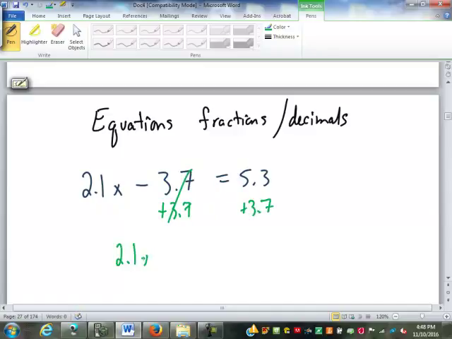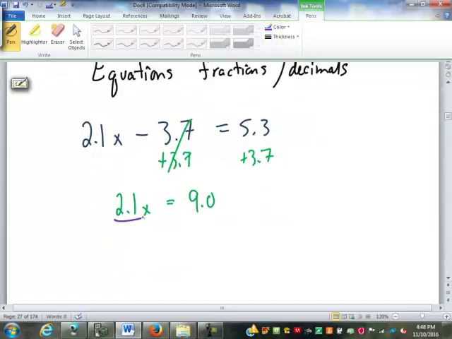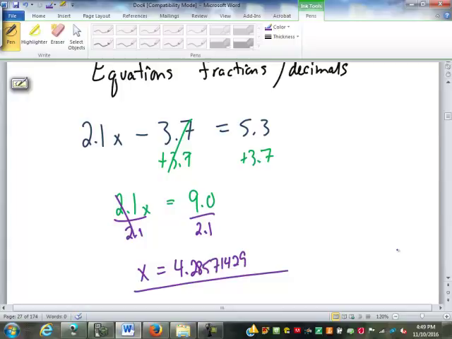So we got 2.1x equals 5.3 plus 3.7 is 9.0, or just 9. Then what do I have to do? Divide by 2.1. We get that x is what? 4.2857149 approximately. Okay, any questions?